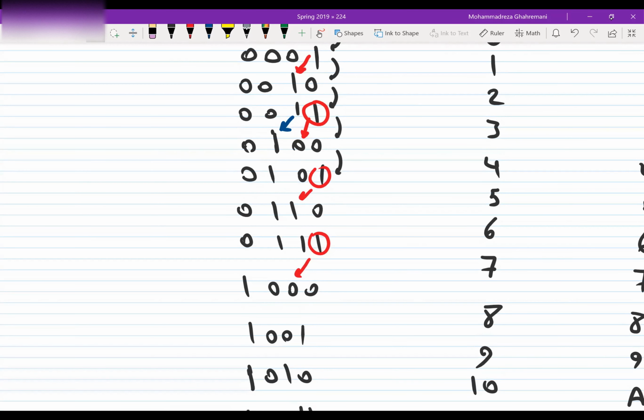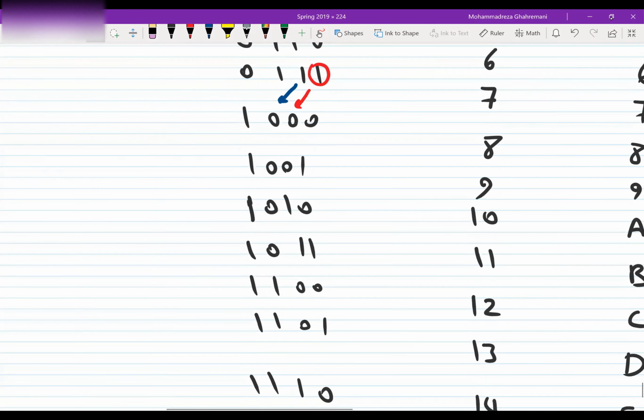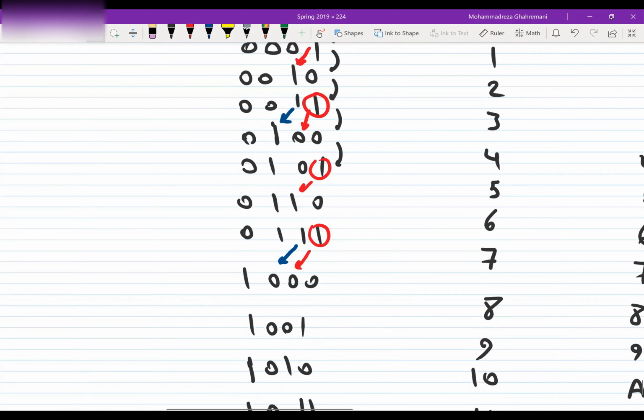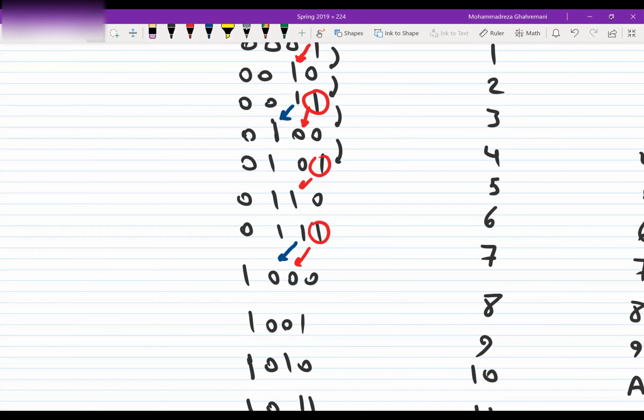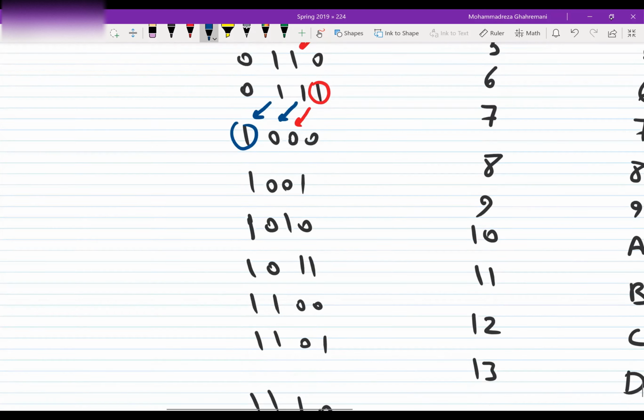And also here, the second digit changed from 1 to 0, so the third digit changed, and so on. And for the fourth digit, every time the third digit changes from 1 to 0, the fourth digit changes. And that's it.